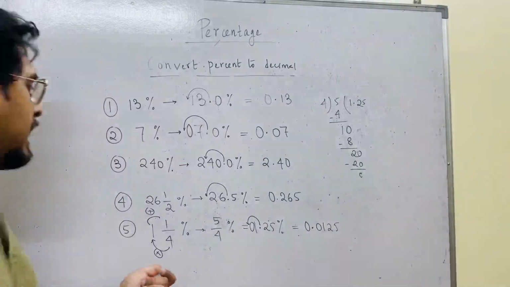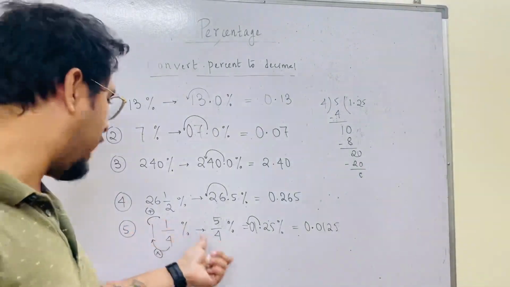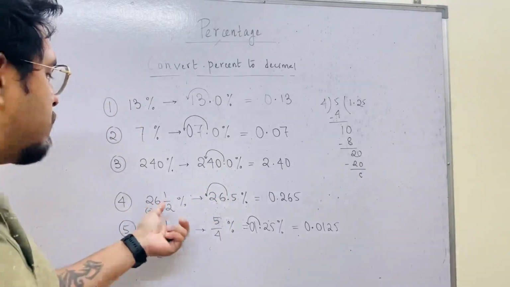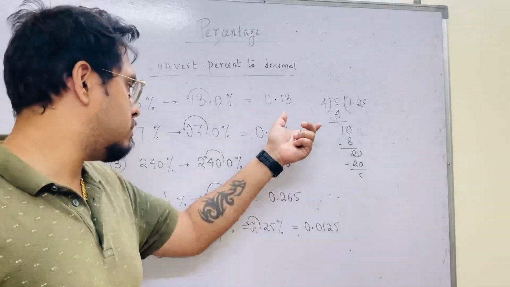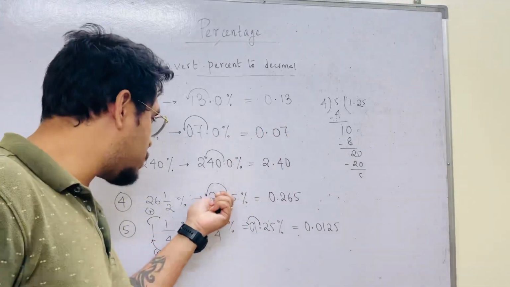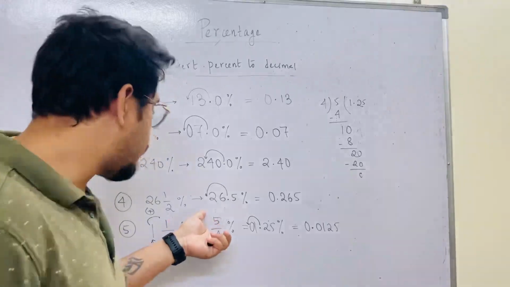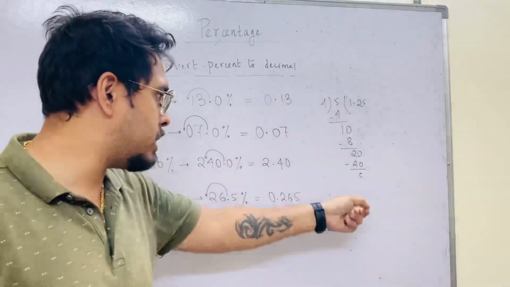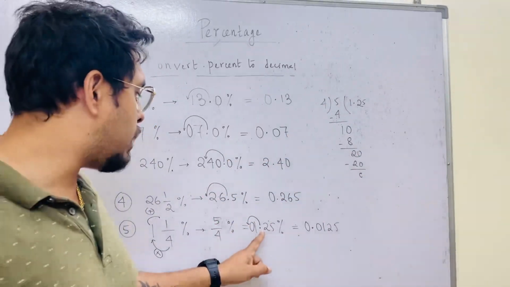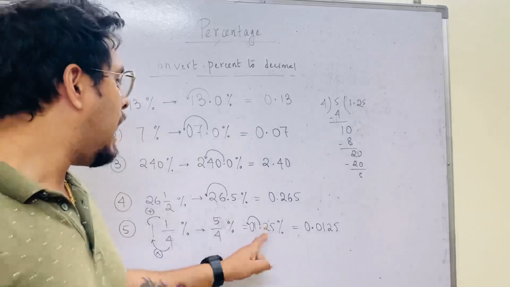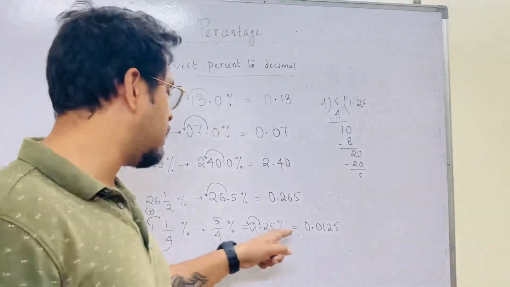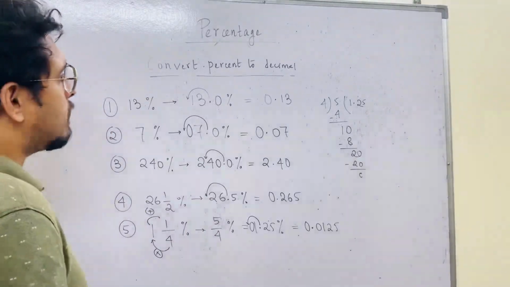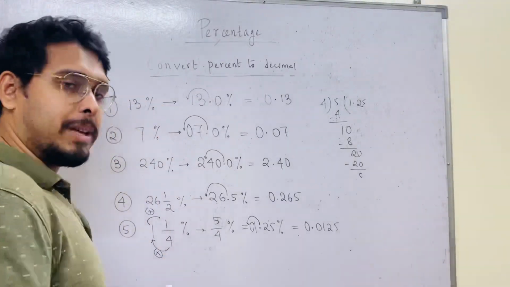Like this, even if I have any random fraction which cannot be directly understood as a decimal, you have to convert this fraction into a decimal by using the division method, then find the position of the decimal point, and simply turn it into the decimal value. So this is how you convert a percentage into decimal.